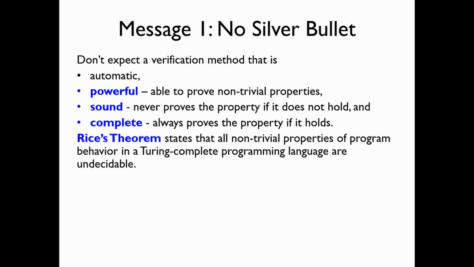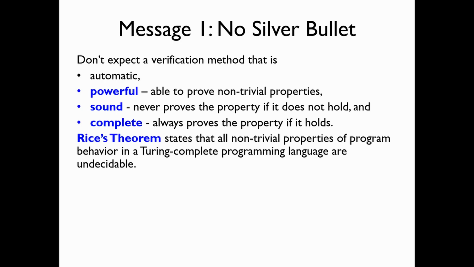Let us consider the last two properties more closely because they are extremely important. If a verification method or tool for a certain type of correctness property is sound, it will never claim that the program has this property when in fact the program does not have the property. So it will never falsely claim correctness.